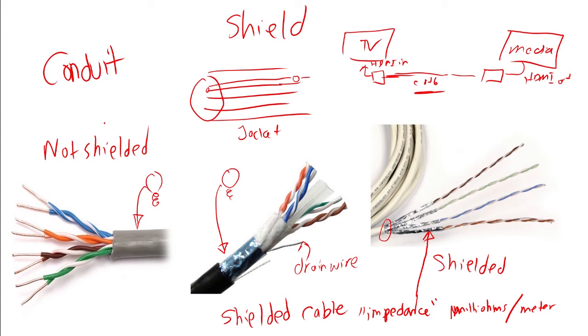So conduit's not always the best. And conduit's solid, so we've got to get an electrician or somebody to come in, install conduit, bend the conduit. Getting conduit all the way down an existing drywall, for example, is not practical.